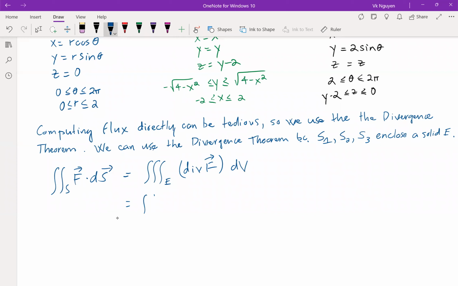Okay, triple integral over E, and then div F here is the partial with respect to x.